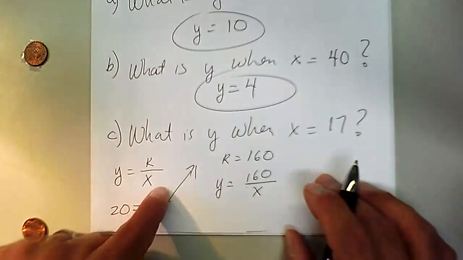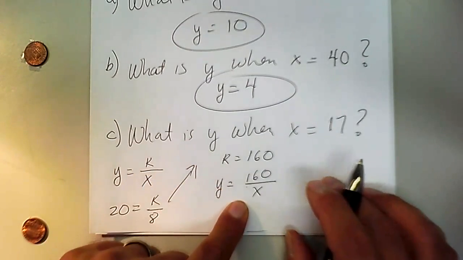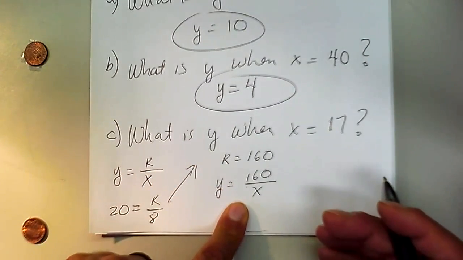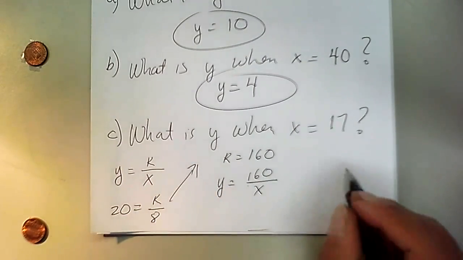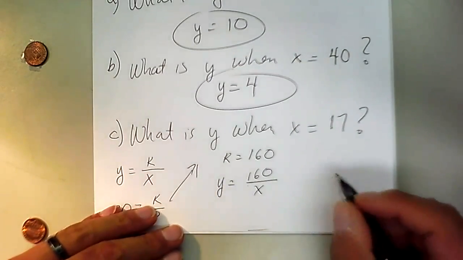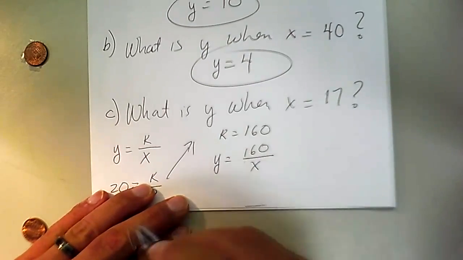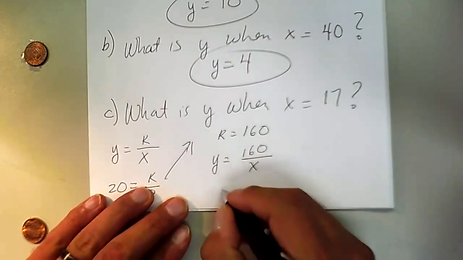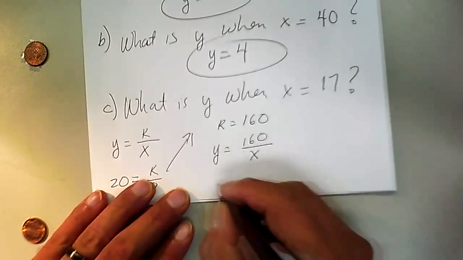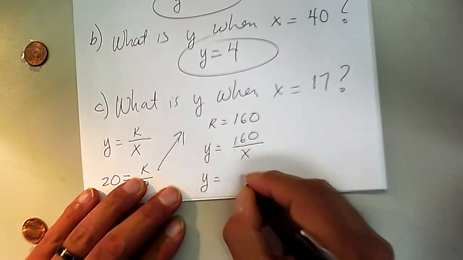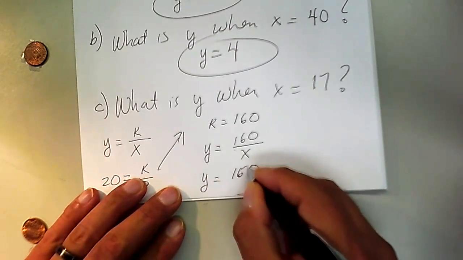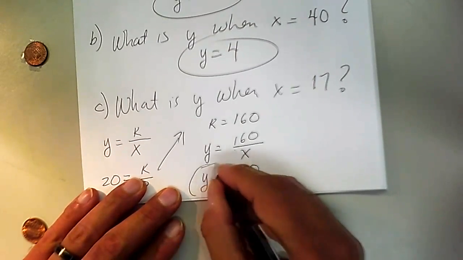So we had to do some work just to get to the equation we're going to use. But now we're going to plug in 17. Oh, there's not much to simplify because 17 is a prime number and 17 is not a factor of 160. What I mean to say is there's nothing to simplify. So y equals 160 over 17, and that is our answer.